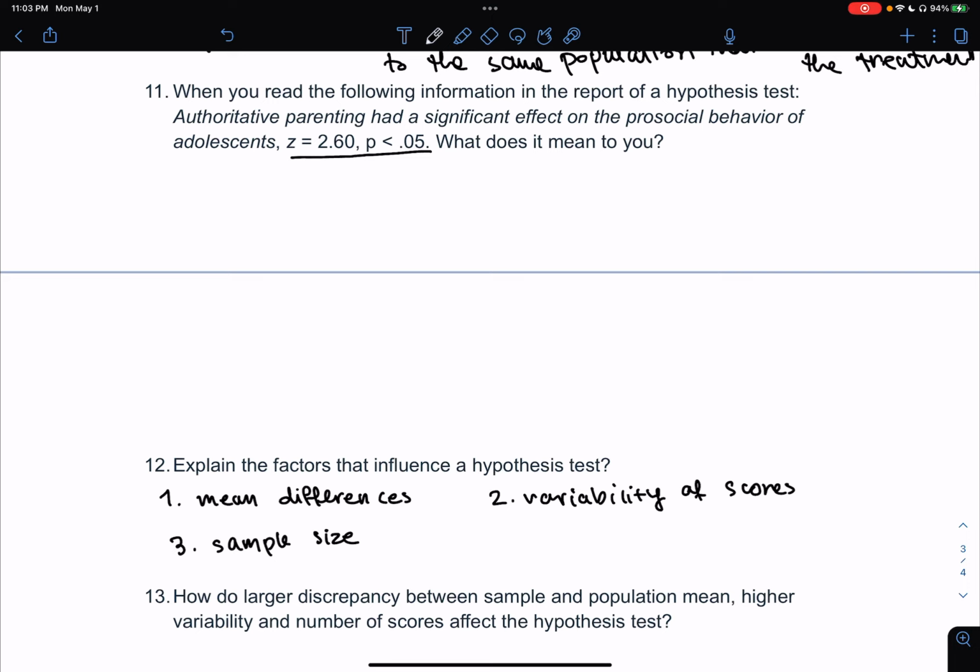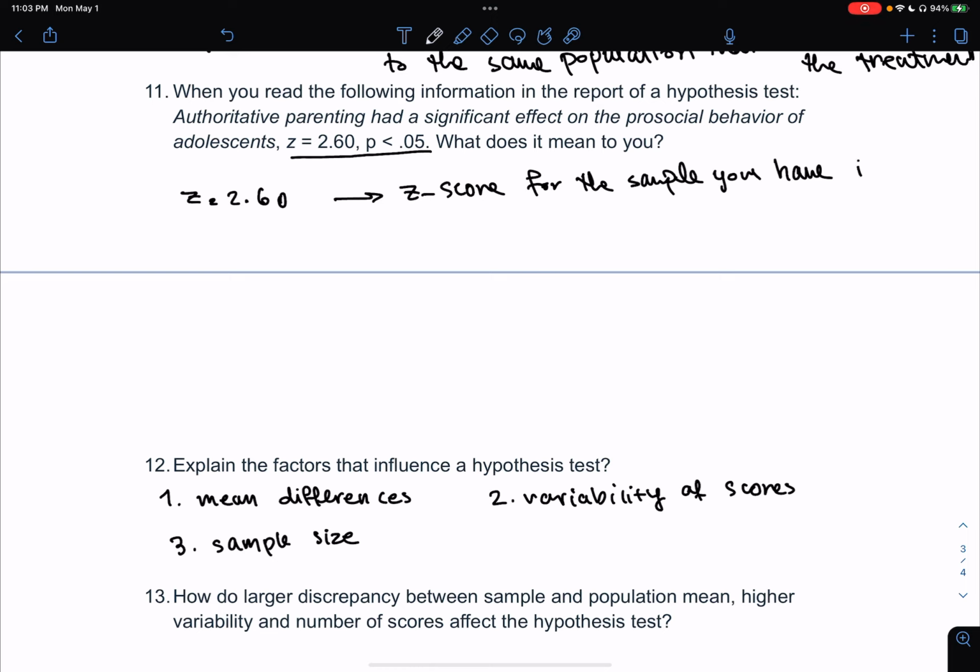So z equals 2.60. This means that the z-score for the sample you are testing is 2.60.